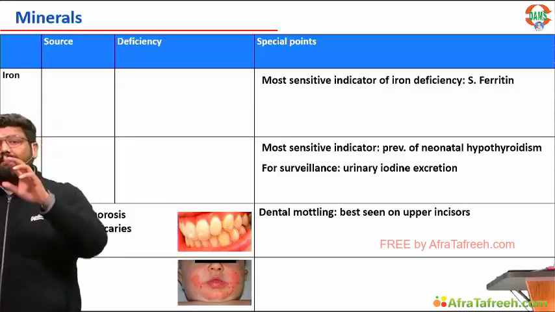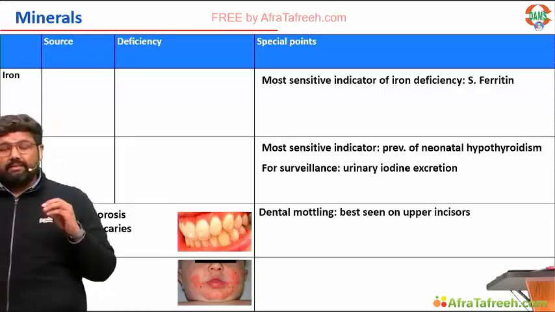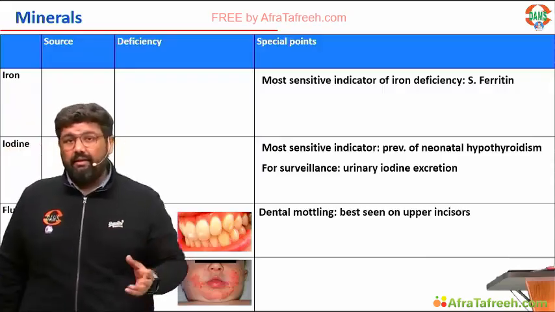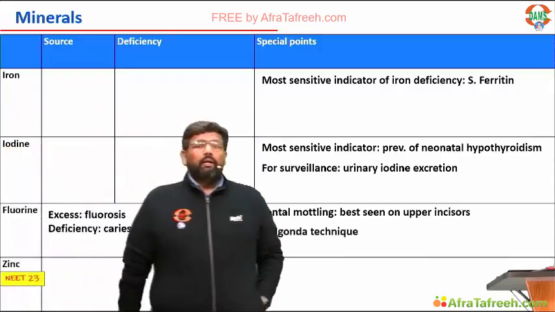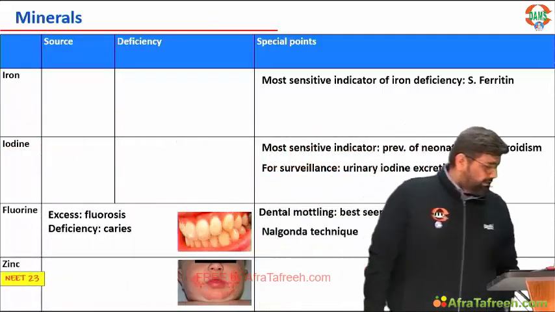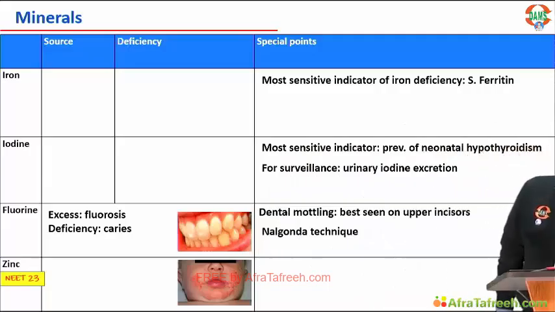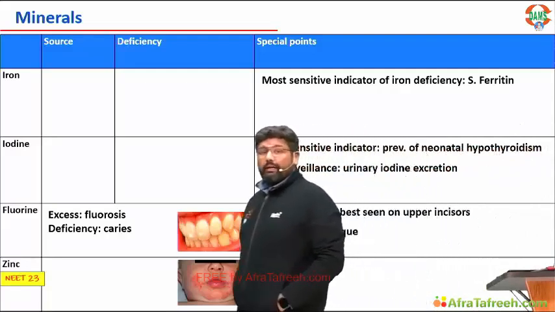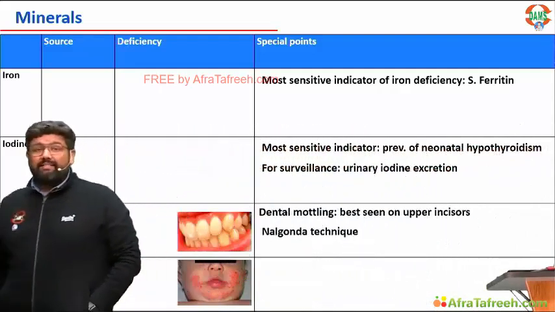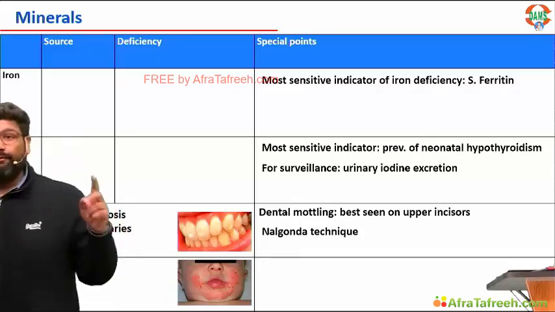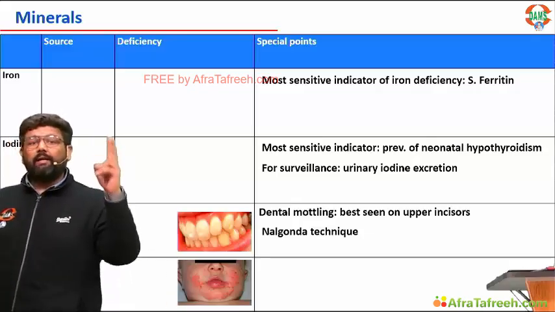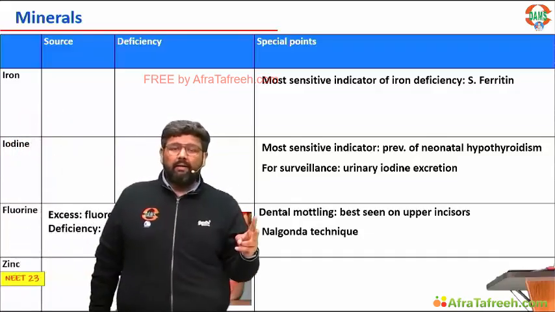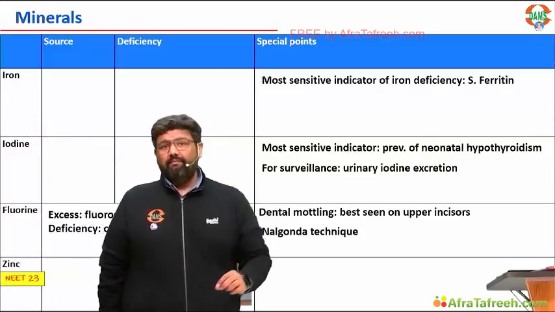Once this image was given and they asked this is happening because of which mineral, the answer was fluorine. Now coming to the next point about fluorine. Nalgonda technique is a defluoridation technique used for fluorine. All high yielding points in a crisp manner and with the keywords, right?